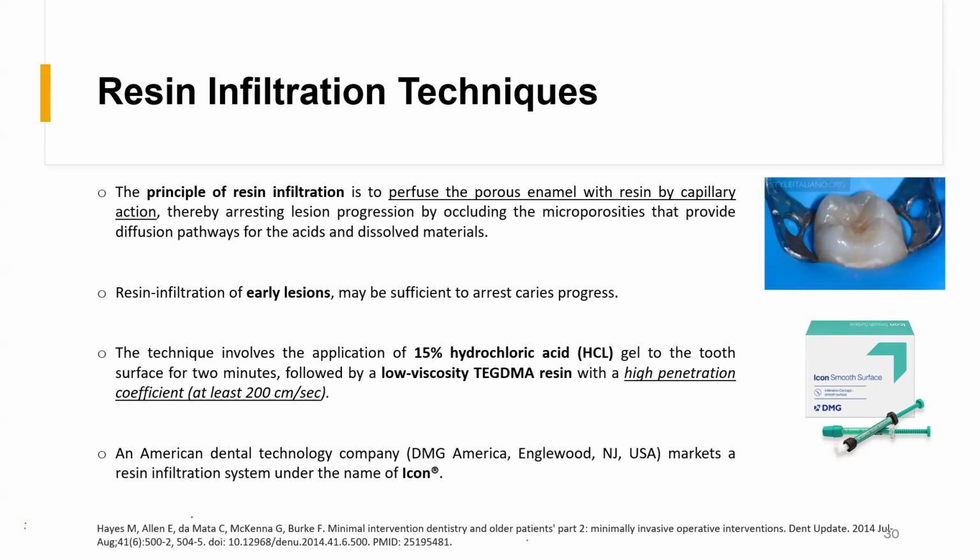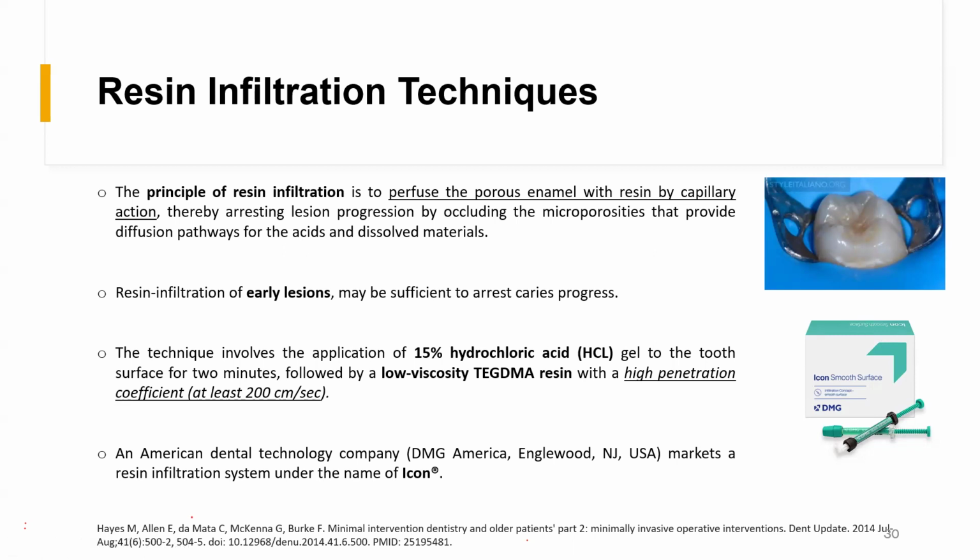Then we wash the tooth surface. Then a low viscosity resin, usually TEGDMA, with a high penetration coefficient is added. Usually the penetration coefficient should be at least 200 centimeters per second in order to use the resin in this process.